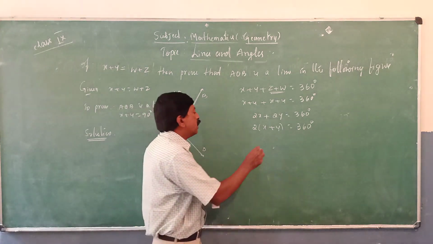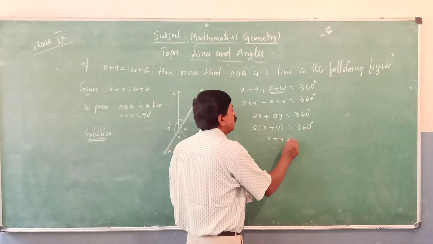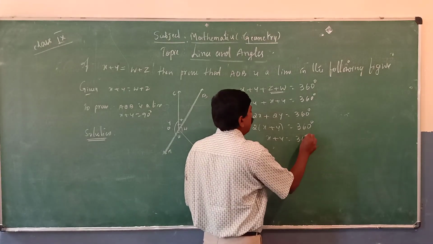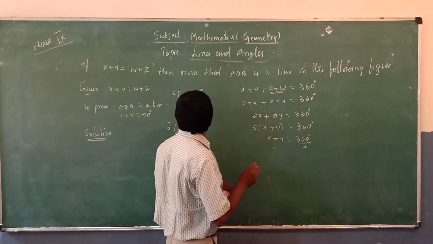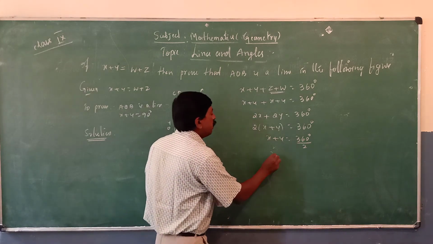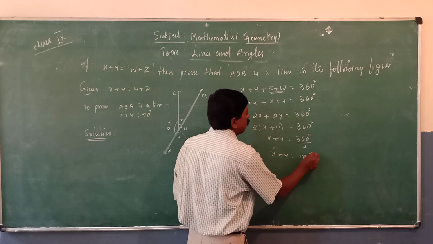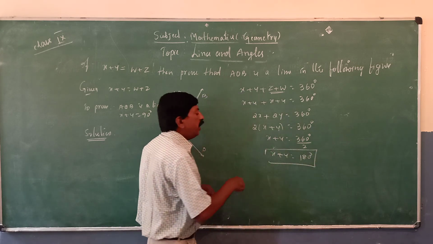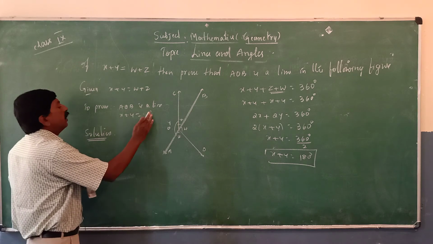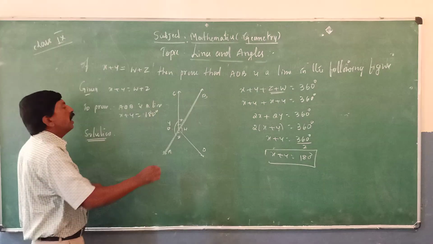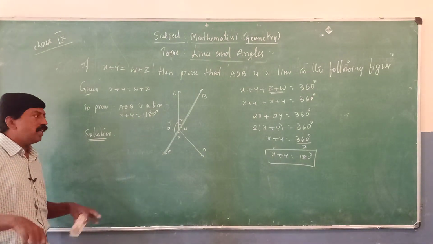Now 2 you can cross multiply. x plus y is equal to 360 by 2. Yes, x plus y is equal to 180.